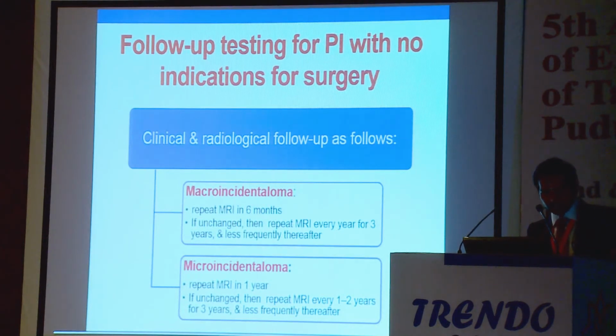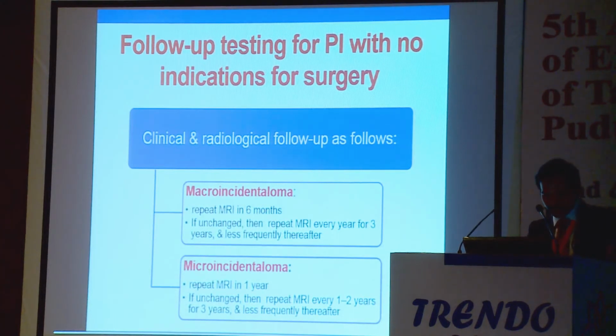Follow-up testing for pituitary incidentaloma with no indications for surgery. The Endocrine Society guidelines say that clinical and radiological follow-up can be divided into those for macro and micro as follows. With regard to macroincidentalomas, we are advised to repeat the MRI at 6 months.